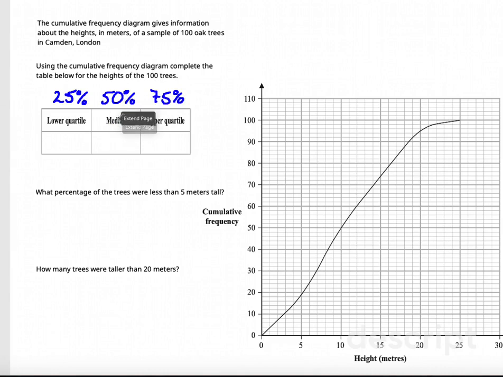The median is the middle value. So where will be the middle tree on our diagram? Well, we had 100 trees, so the middle tree is the 50th tree. It's going to be just here.